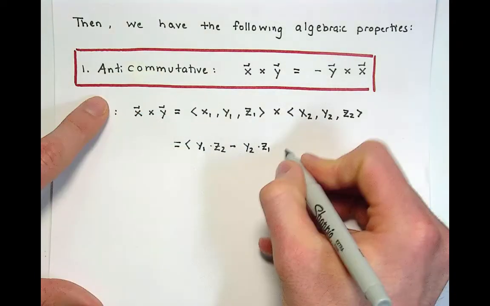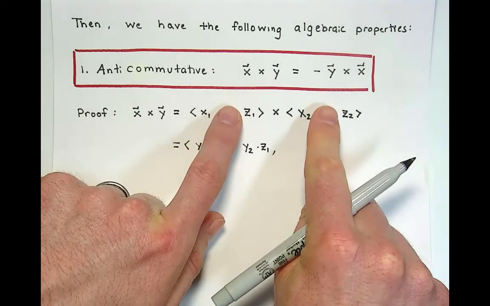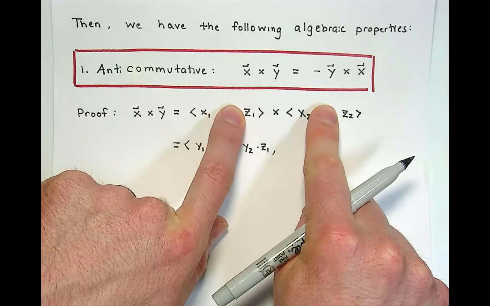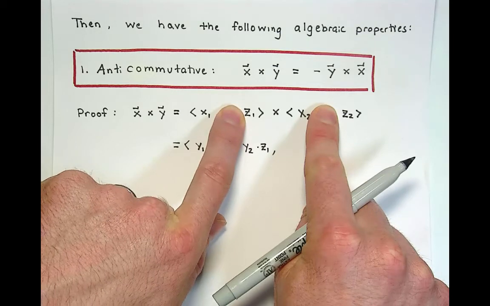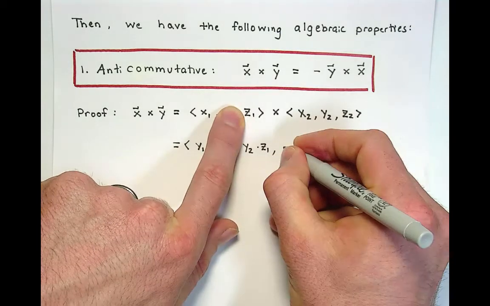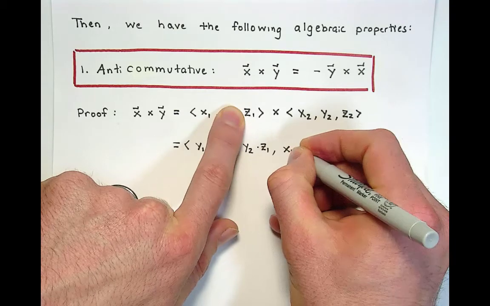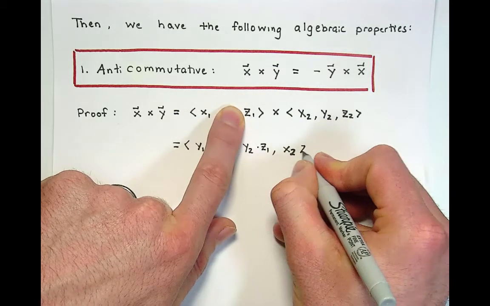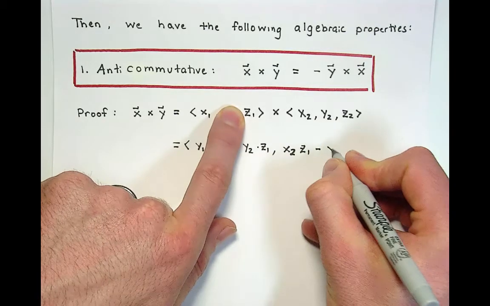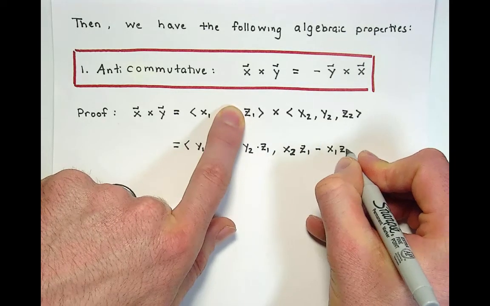So that was the first component. Second component, I cancel out y2. I take the area of the parallelogram, which would be x1 z2 minus x2 z1. But remember, we flip the order because the second component has a negative sign. So this would be x2 z1 minus x1 z2.